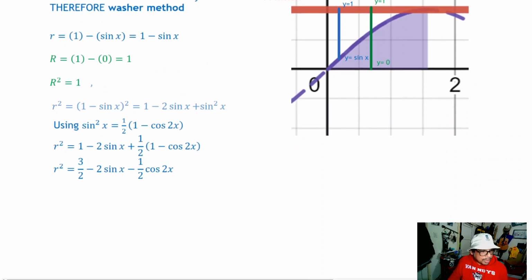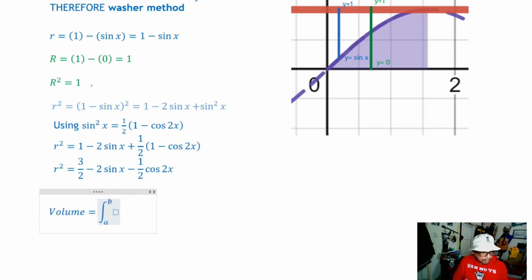And now it's time to use that washer method. The washer method says that the volume is equal to the integral from a to b of pi times big radius squared minus the little radius squared.